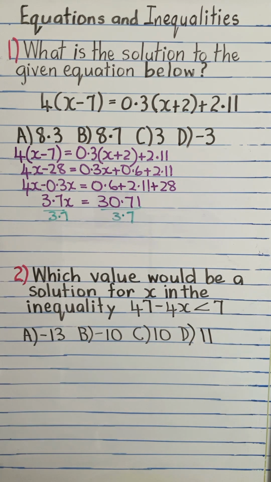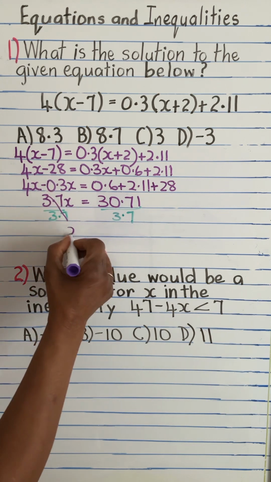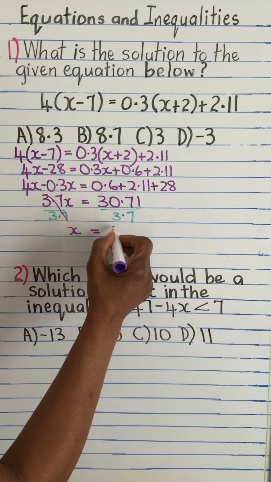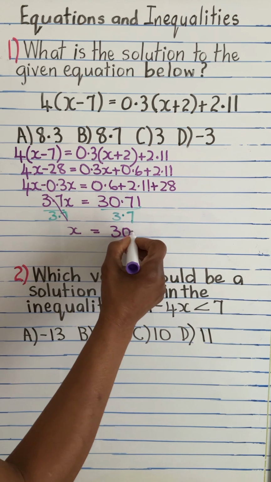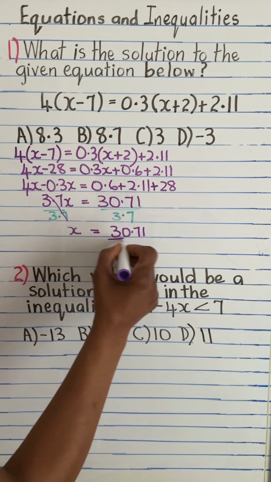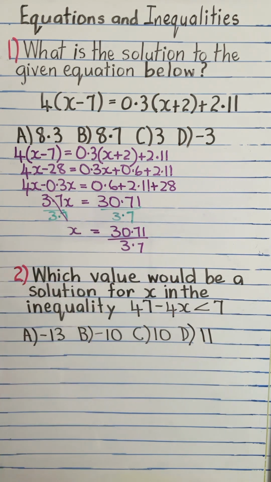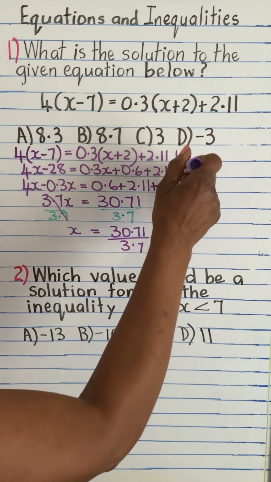So this was cancelled out and we have x is equal to 30.71 divided by 3.7.